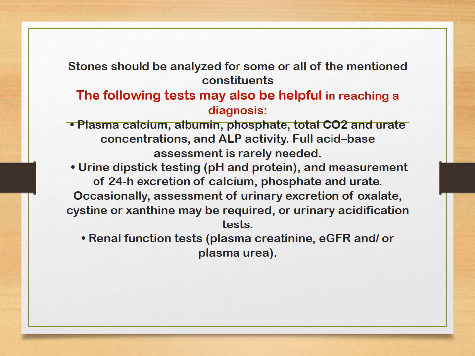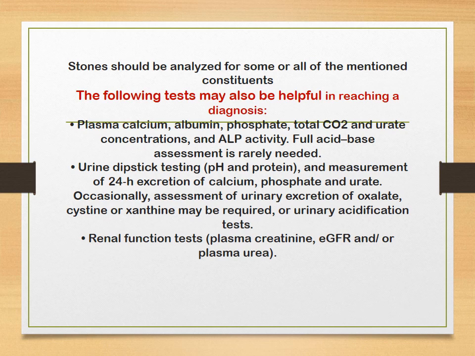Stone analysis: when there is a stone, it should be analyzed for the components mentioned before: calcium, oxalate, phosphate, uric acid, and in neonates and infants, cysteine, homocysteine, and others to help in diagnosis.